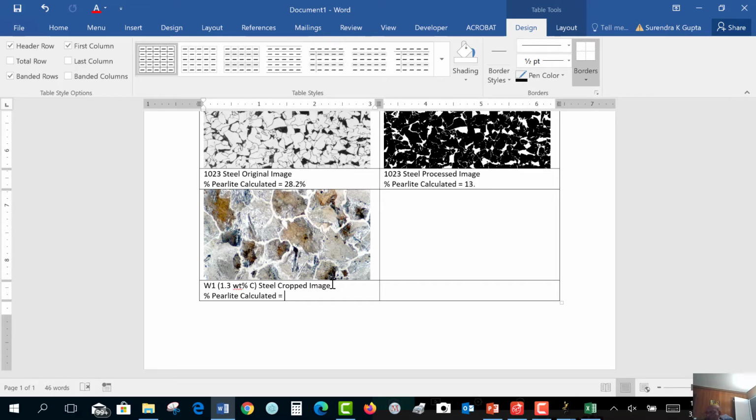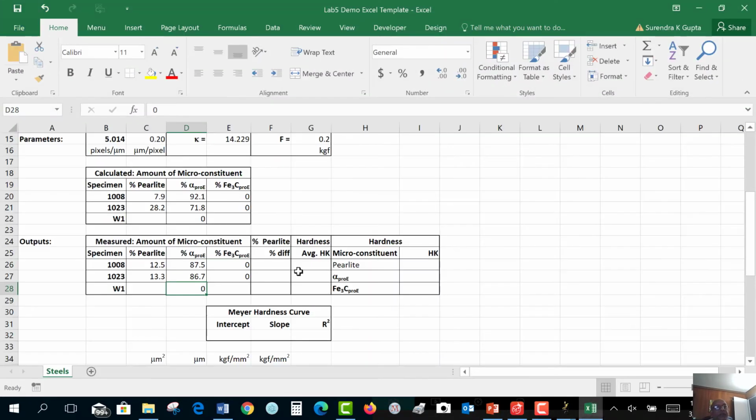So we will get 90.9%. So let's enter that into our spreadsheet too. 90.9%. So that means our pro-eutectoid component would be only 9.1%.